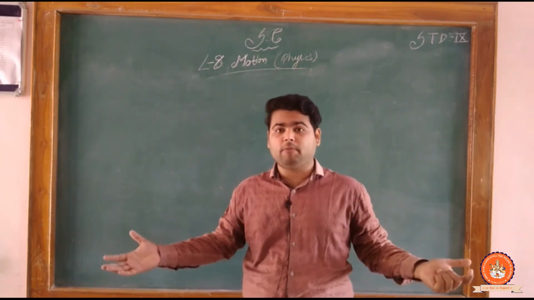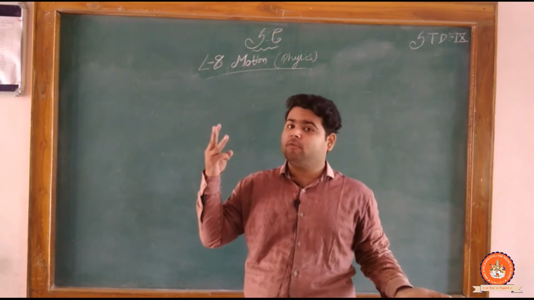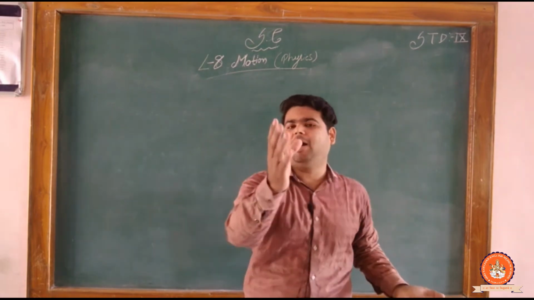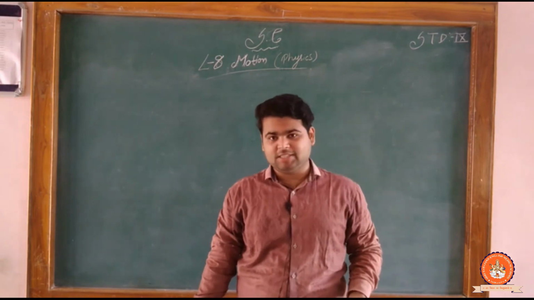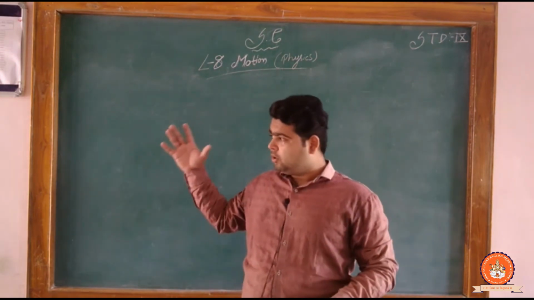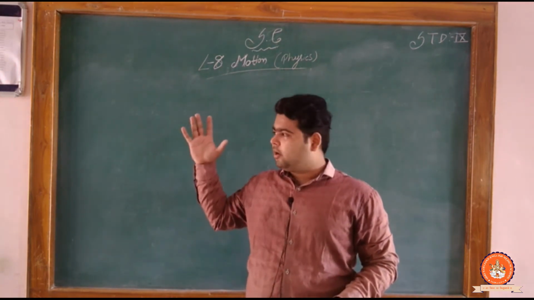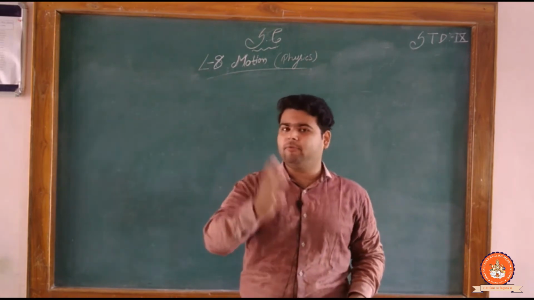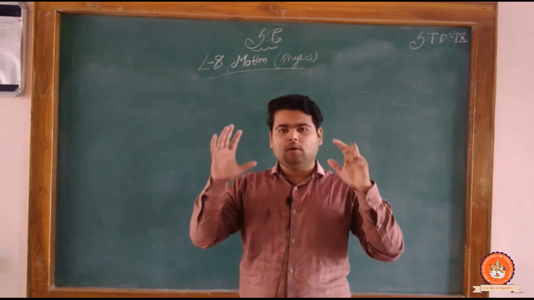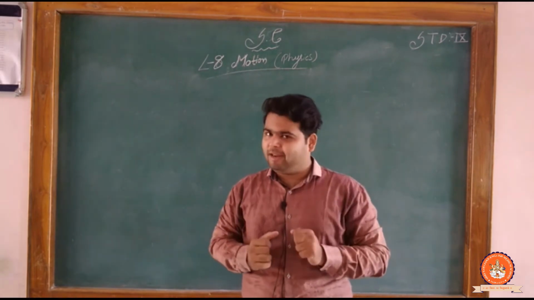In the macroscopic world, the three equations of motion are most important and are the heart of classical physics. Clear? So remember this, and from the derivation you know how the formula came. So prepare it very well. Clear?